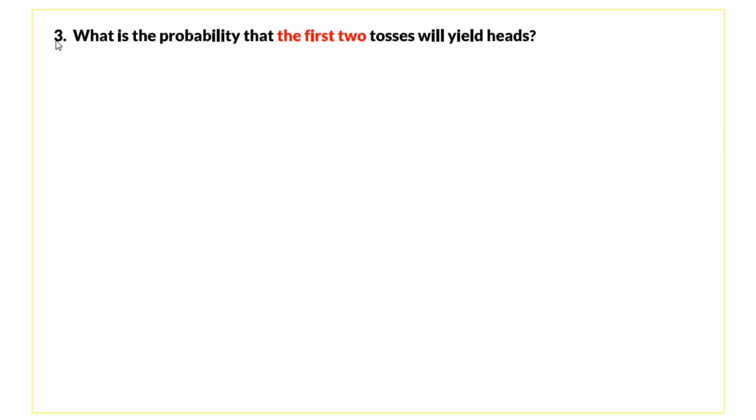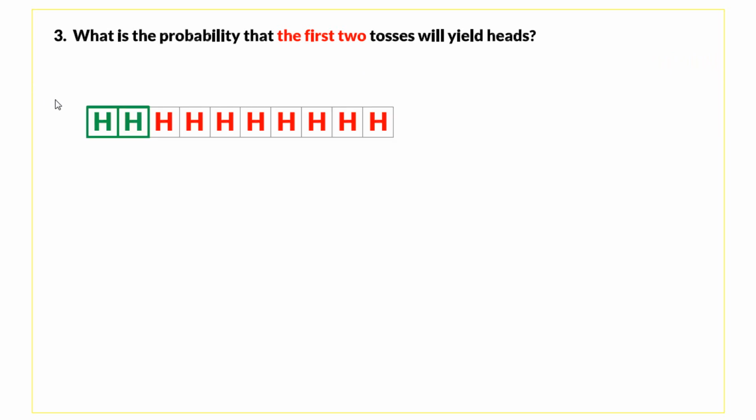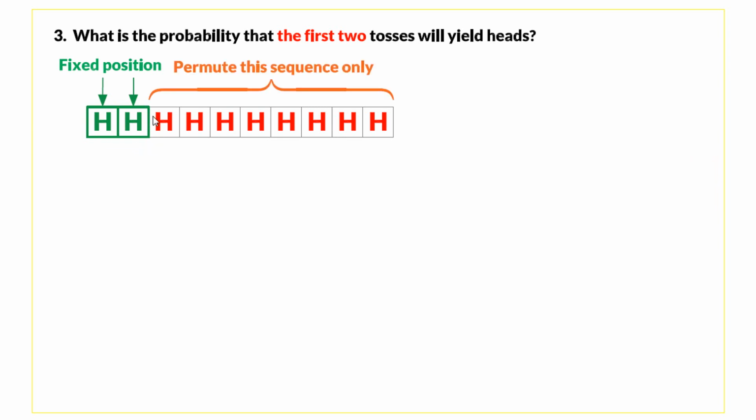Question number 3. What is the probability that the first 2 tosses will yield heads? So we may have all heads, and the first 2 are going to be heads. So these heads are going to be fixed in position, and now we can permute only the remaining 8 heads, and that would yield 1.